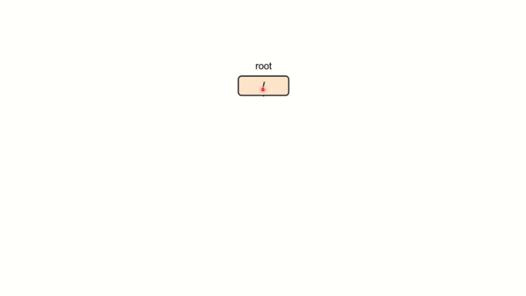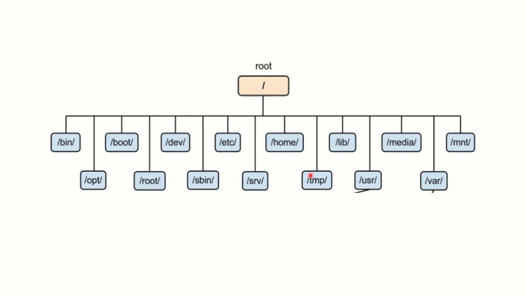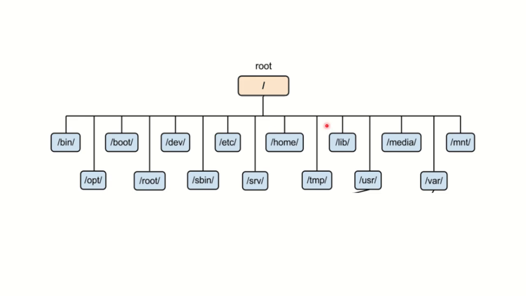So from this main root directory, you will have 17 main branches that extend, representing the key directories of a Linux system. You don't need to memorize all these directories by heart, but I promise you, as you go through these videos and as we dive into the explanation of each directory and start comparing them with Windows, you will automatically memorize these 17 key directories.